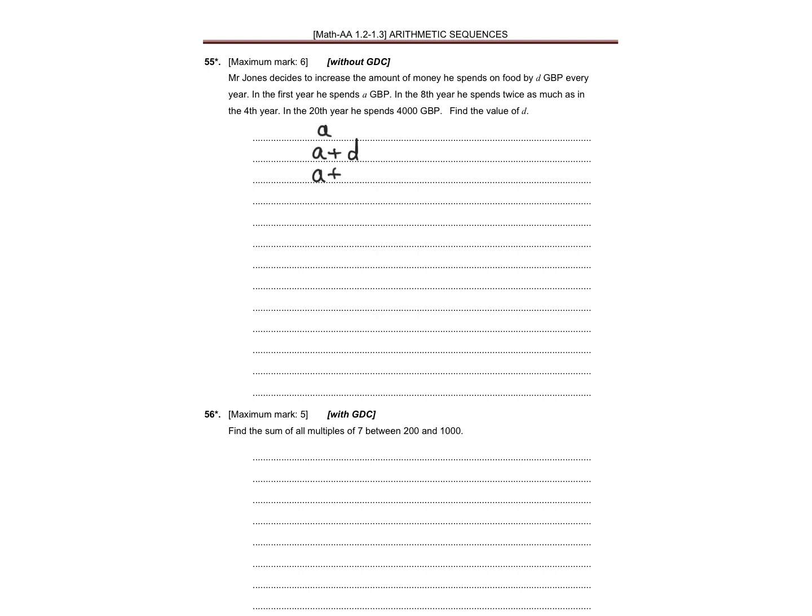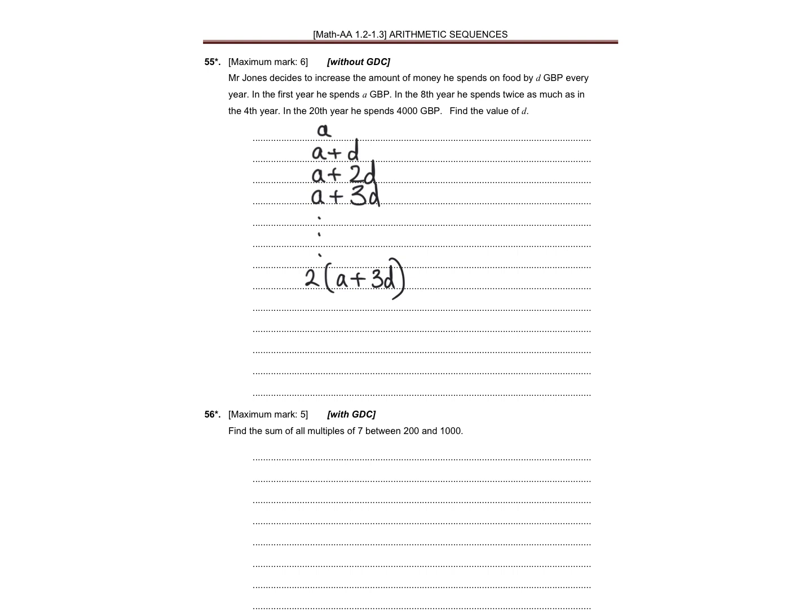In the 3rd year he's adding another d, so 2d. In the 4th year he's adding 3d. And in the 8th year, he spends twice as much as he did in the 4th year. So we've got 4, 5, 6, 7, 8 is this one.